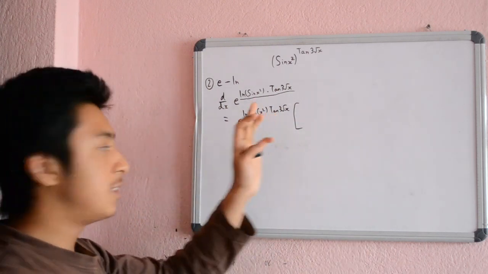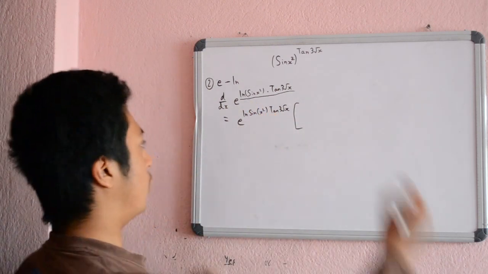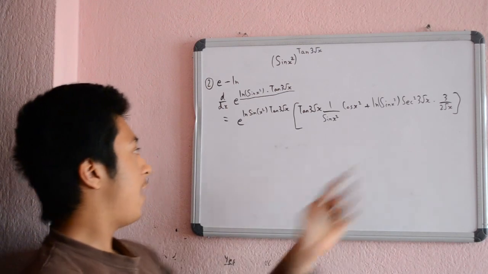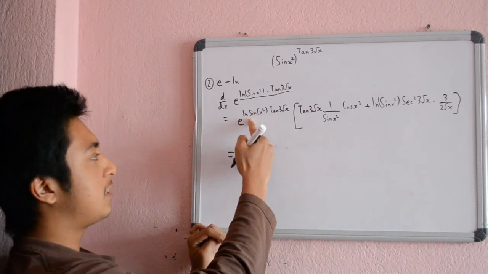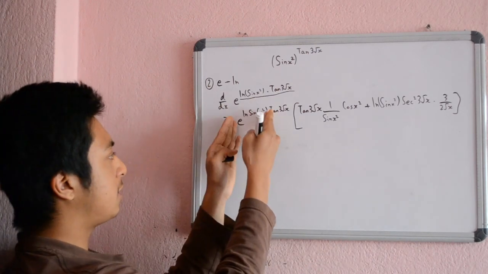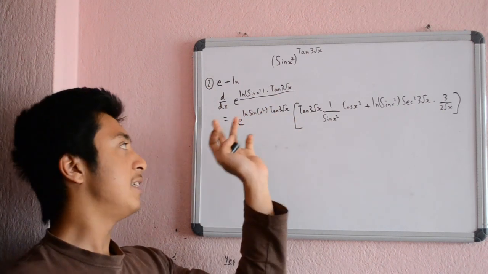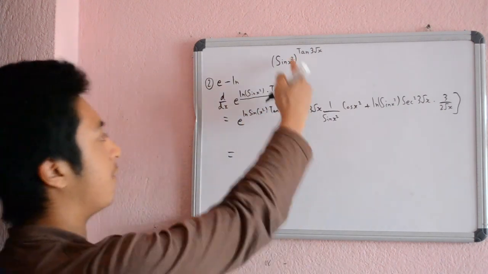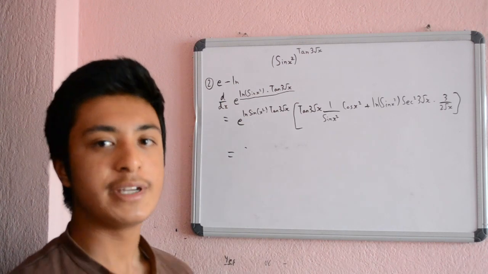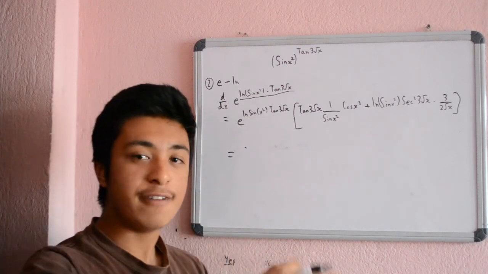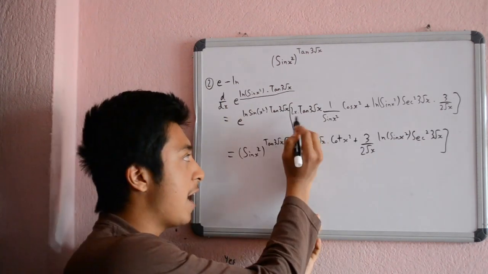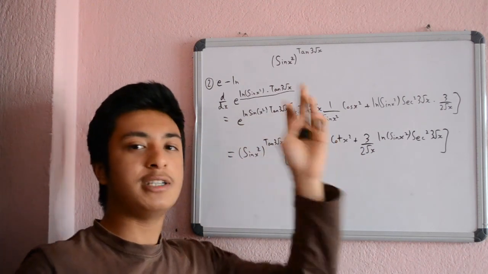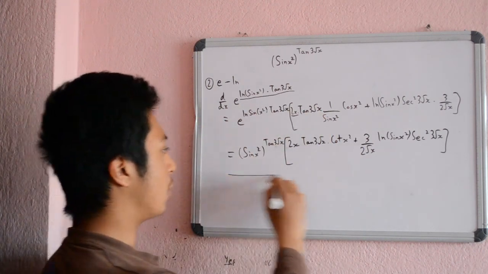And the derivative of this is, well, like we did before, like so. And finally, e to the power this, you can just raise this part to the power of that, e and ln will cancel, and just give that back. So in the end, we will simply have this over here, and I had forgotten 2x in this part, but I added it, don't worry, and there we go.